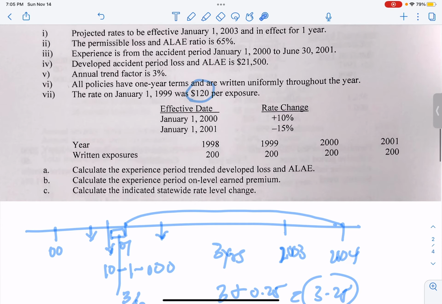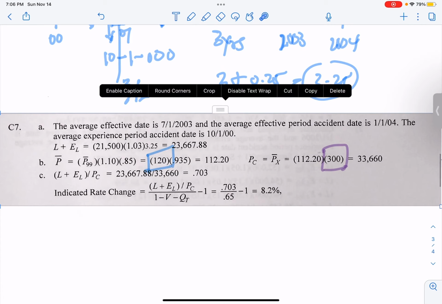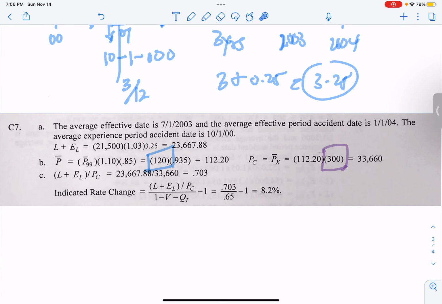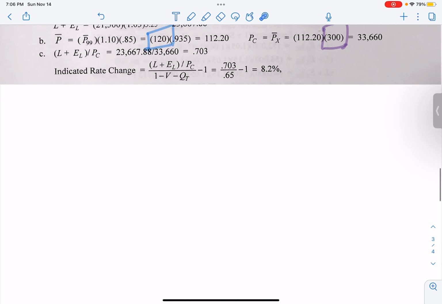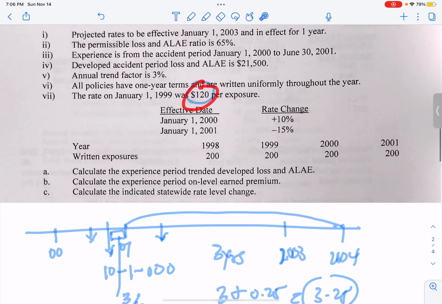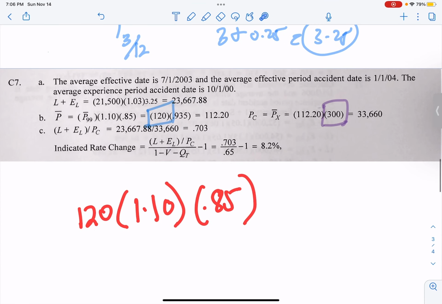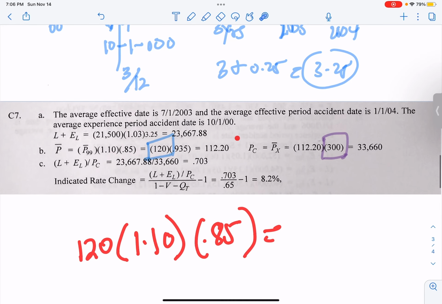So we have the rate change from 2000 to 2001. So the base rate as given in the question is $120. So $120 times 1.1 times 0.85, because we have a 15% reduction in 2001, to get the average premium 120, and then we multiply that by the exposure.